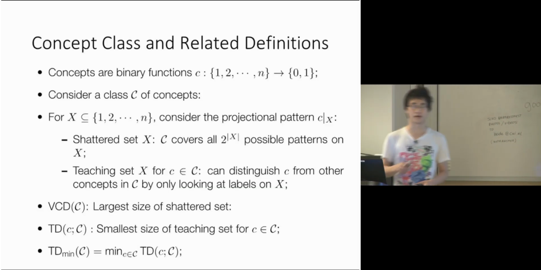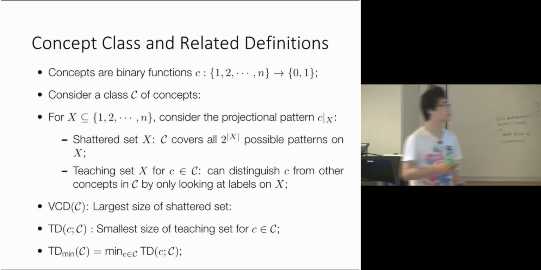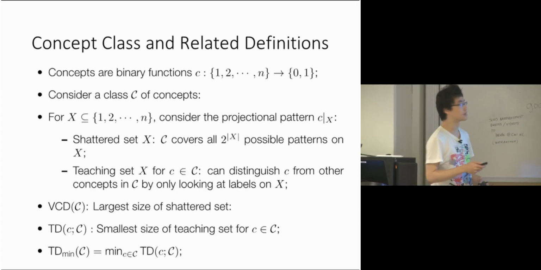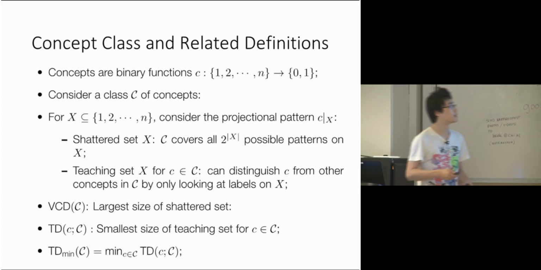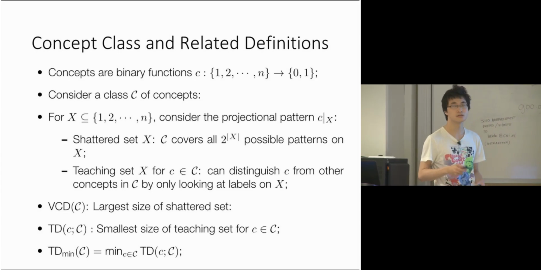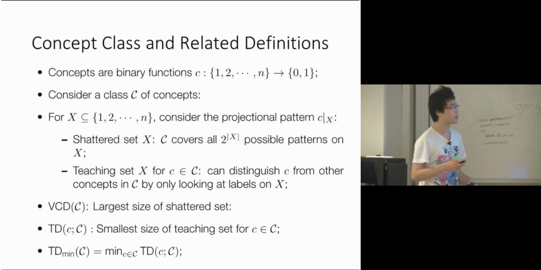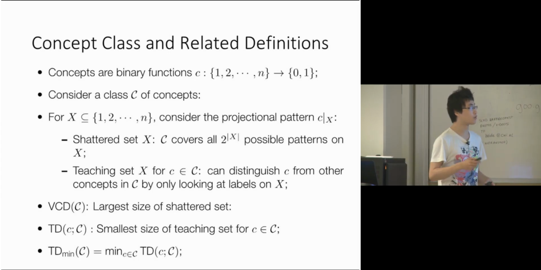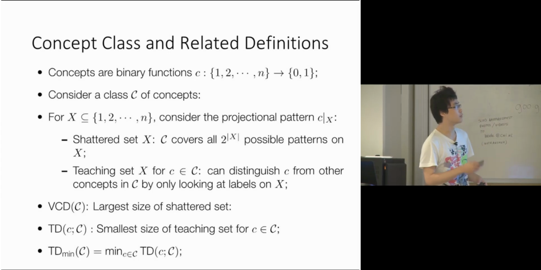Before we go into technical details, we first quickly go through some basic definitions in learning theory. First, we have concepts, and since here we always talk about finite concept classes, we can assume without loss of generality that our ground set is also finite, which is 1 through n, and concepts are binary functions that give labels to these examples in the ground set.